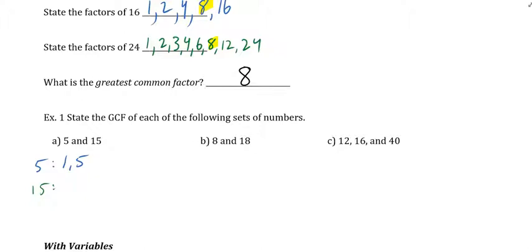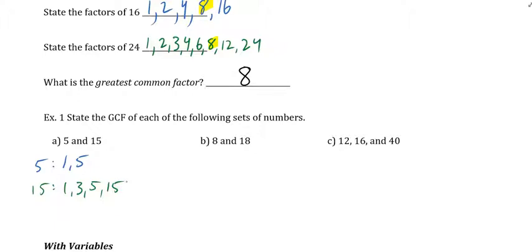Jake, can you do 15? 5, 3, 1. Anything else? 15. And you might think, well, obviously, but that is an important part of your list.